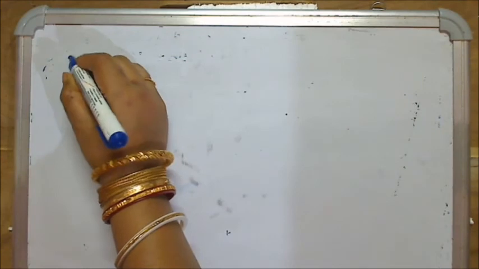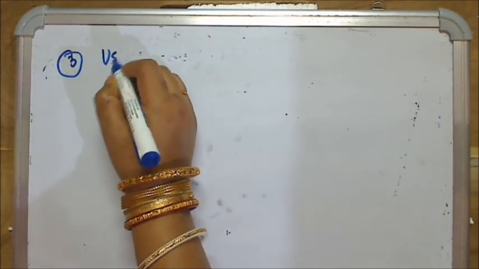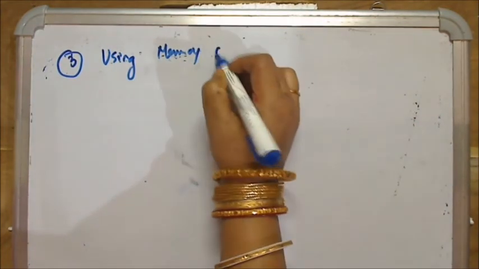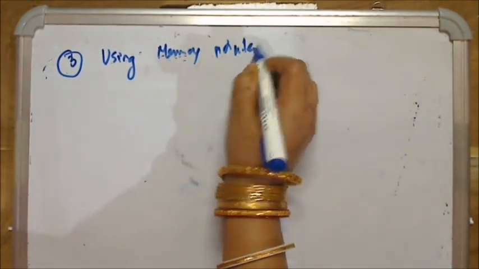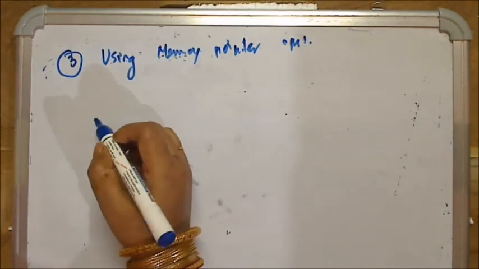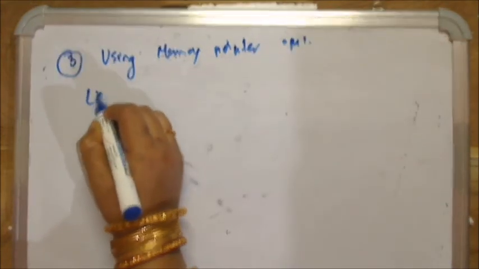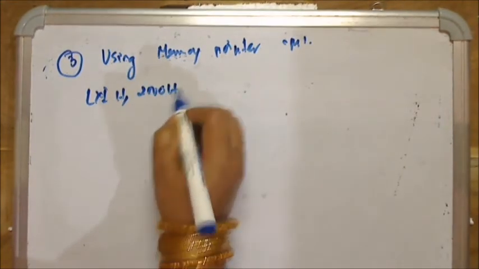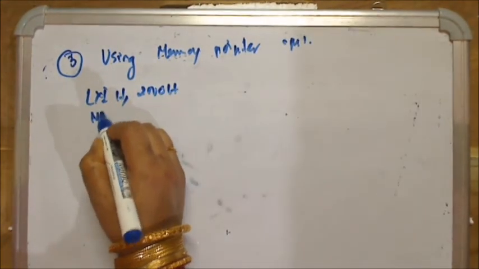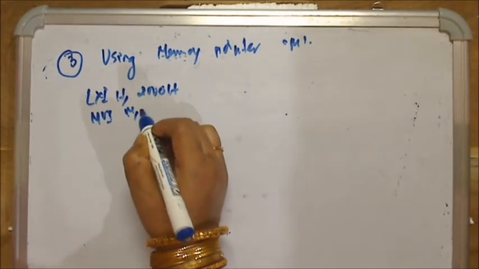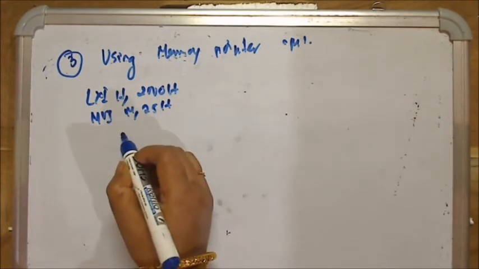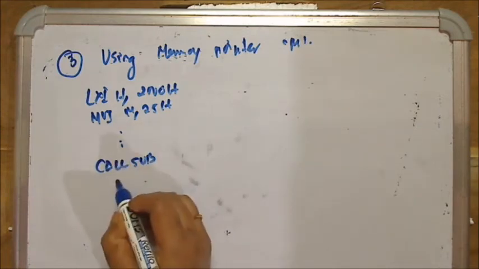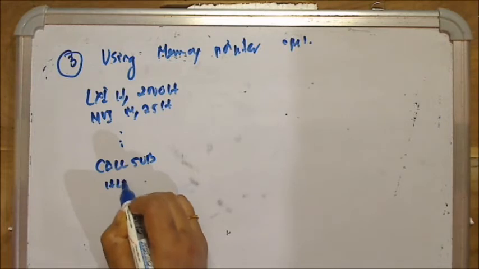Now the third example is using M, the memory pointer. LXI H, 2000H. Then MVI M, 25H. Then I will call the subroutine, and then halt.